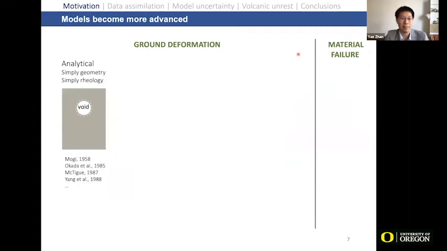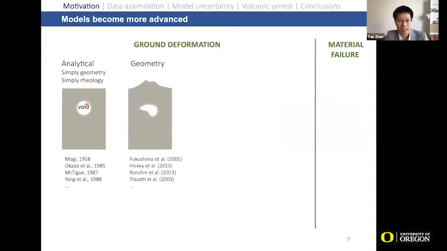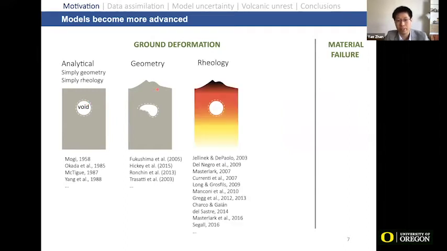On the other side, we have more advanced models. More than half a century ago, people already developed analytical models with simple geometry and rheology, showing us the surface deformation due to a pressurized void. And with the development of modeling techniques, we can model volcanoes with more complicated geometry and rheology, and even model this void with some magma.